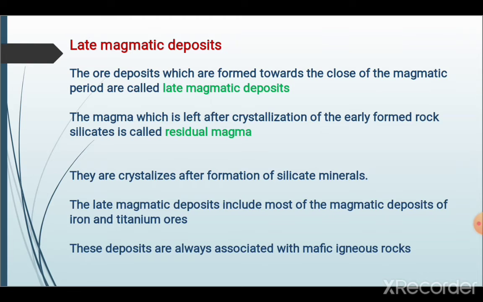This magma frequently contains many ore minerals. The late magmatic deposits include most of the magmatic deposits of iron and titanium ores. These deposits are always associated with mafic igneous rocks.